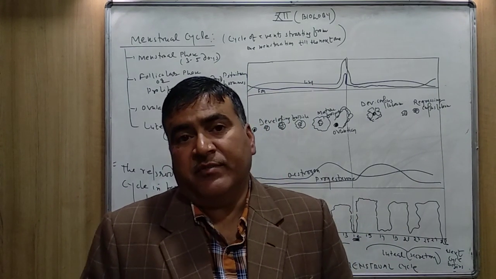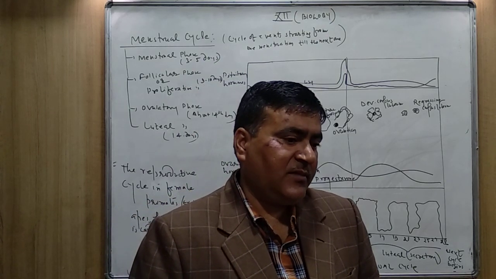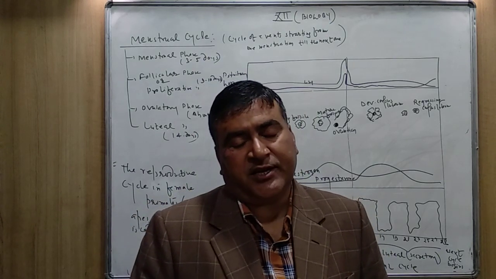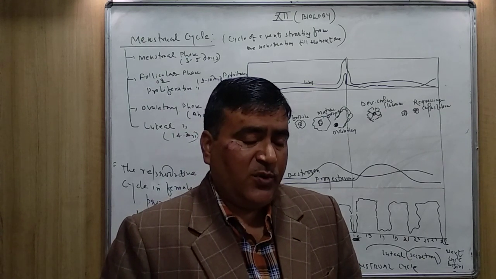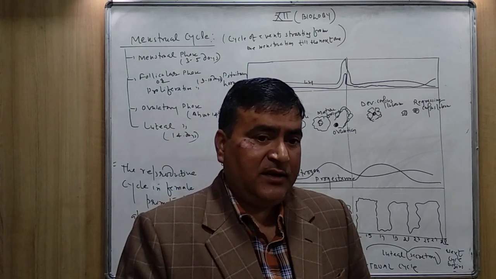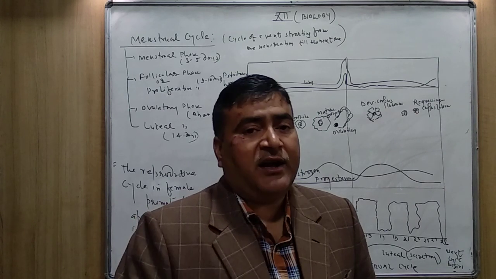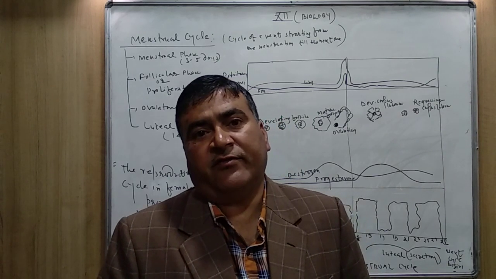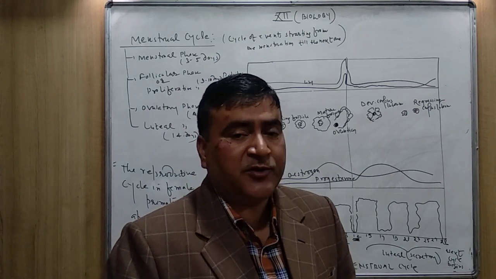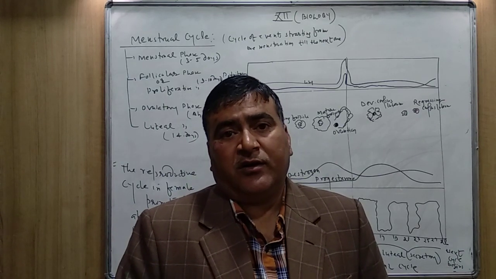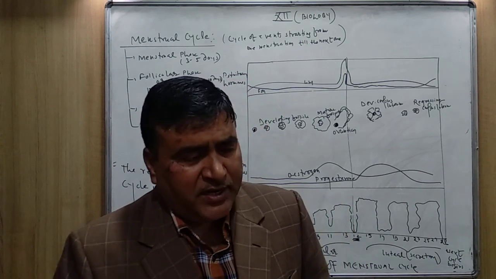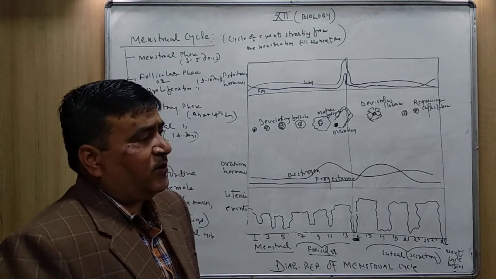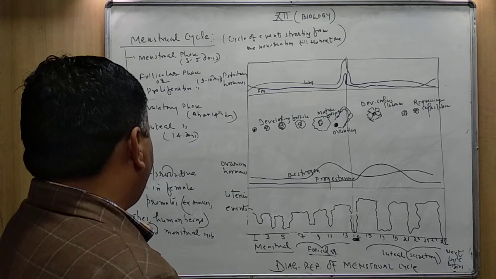During the menstrual cycle, as you will observe through this diagram, every month one follicle is selected and converted into the Graafian follicle, which produces the ovum or egg. So let us see what the menstrual cycle is.